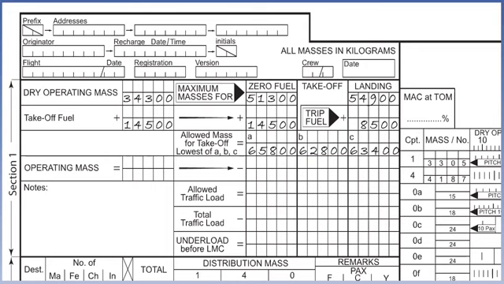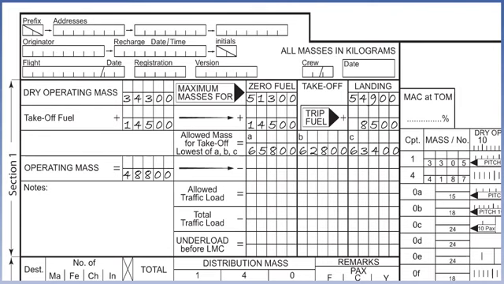Before we can calculate the allowable traffic load, we must first calculate the operating mass. This is achieved by adding the takeoff fuel, 14,500 kilograms, to the dry operating mass, 34,300 kilograms, which gives 48,800 kilograms.